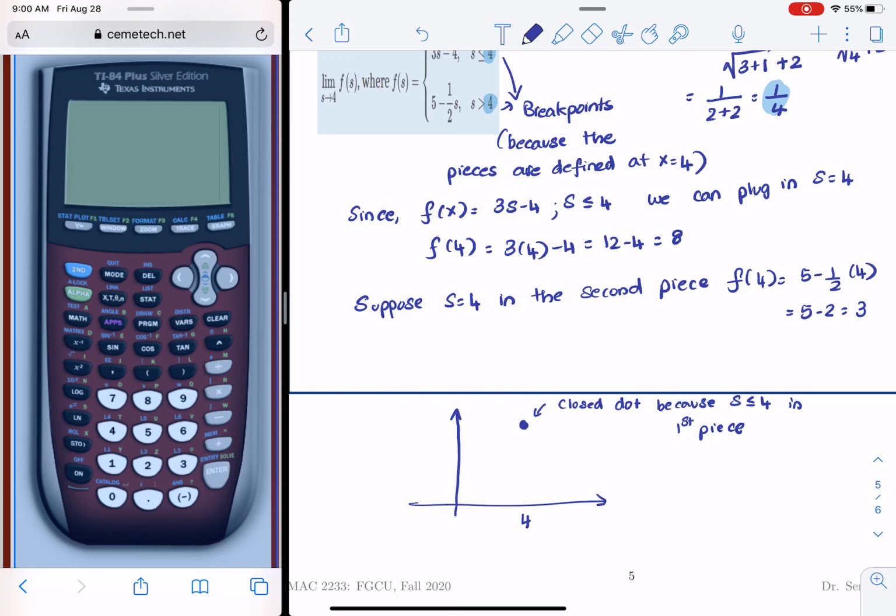In the second piece, at 4, we end up getting 3. And clearly, what we observe is a jump discontinuity.